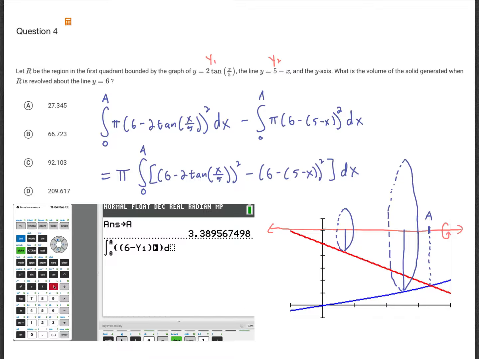It's squared, and then we do the other one, minus y2, the linear function, and that whole thing is squared. I forgot the pi, but that's not a big deal. We'll just get an answer here and multiply it by pi at the end.